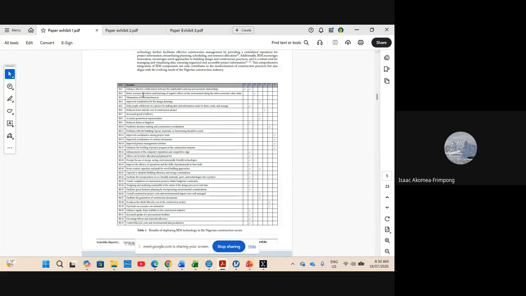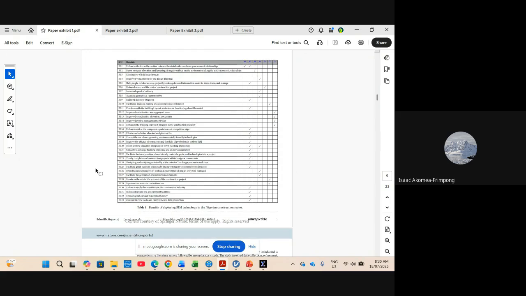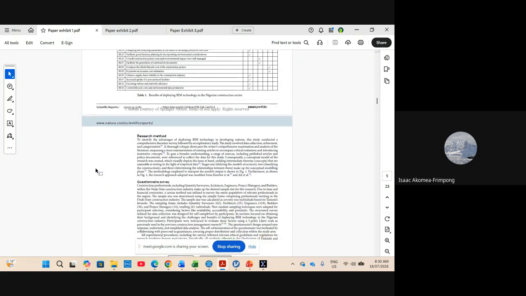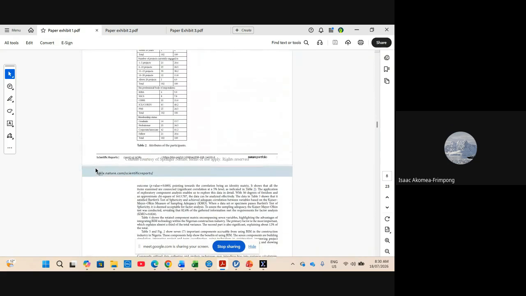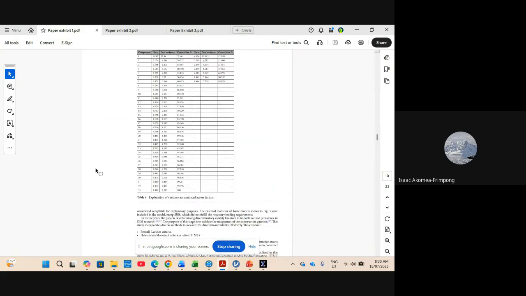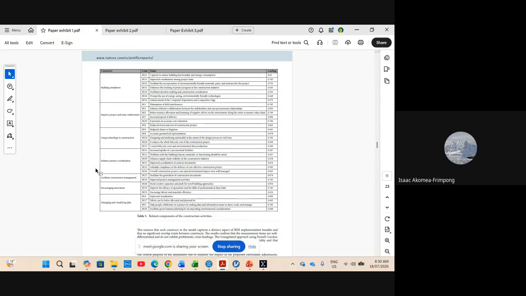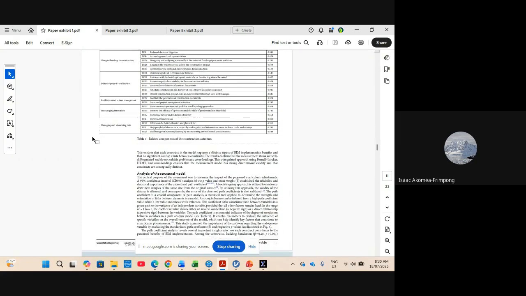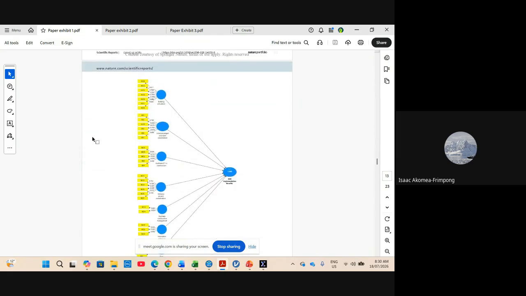They conducted the EFA to categorize the factors, because here they have 33 factors. So the question is which one belongs to what group. Out of the EFA they got principal components, and the principal components formed the groups. So this is the result of their EFA, and based on this they went ahead to use it for the SEM.